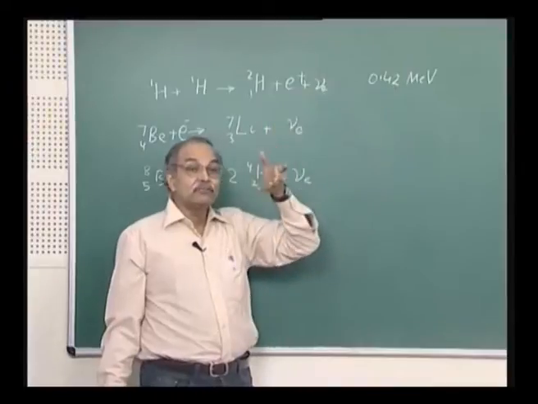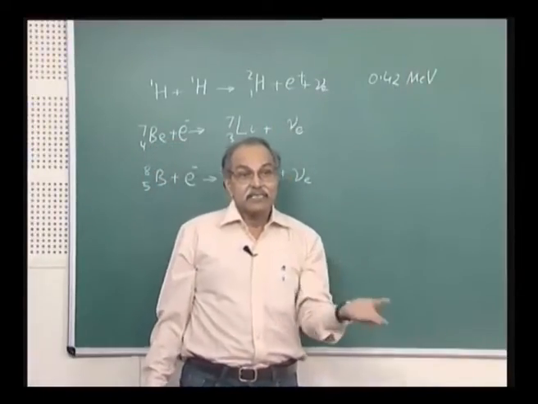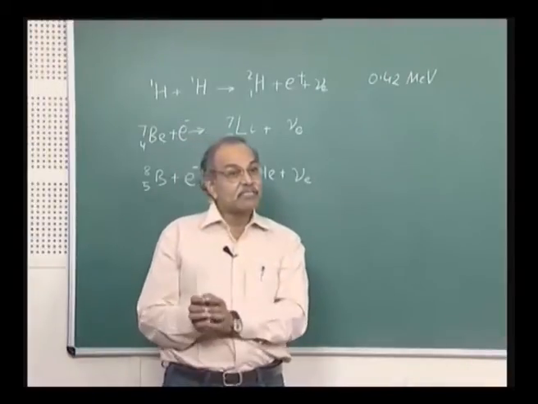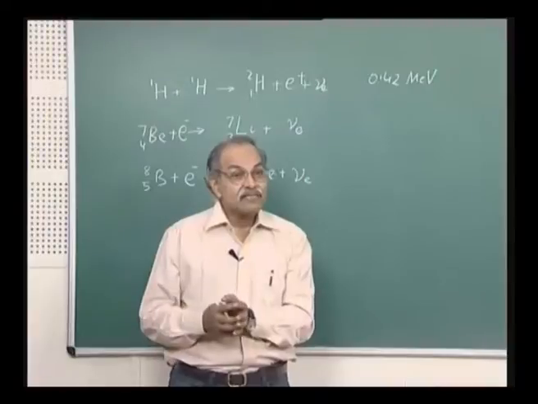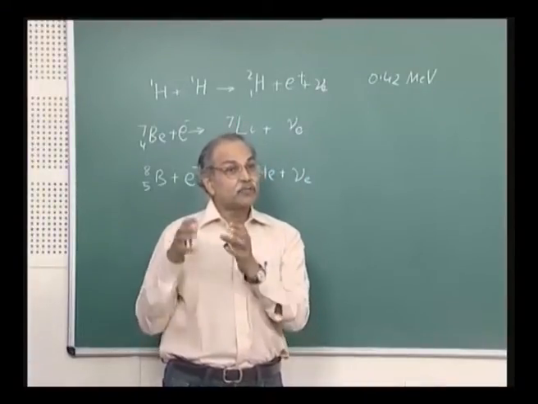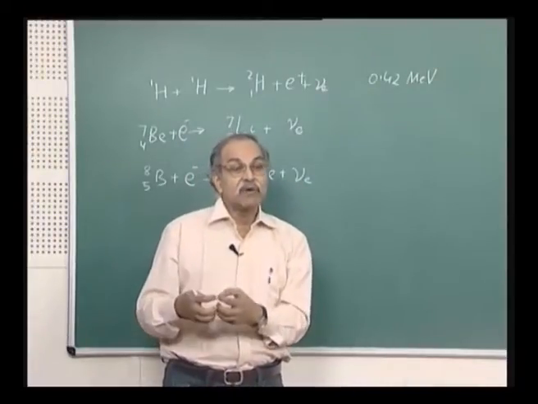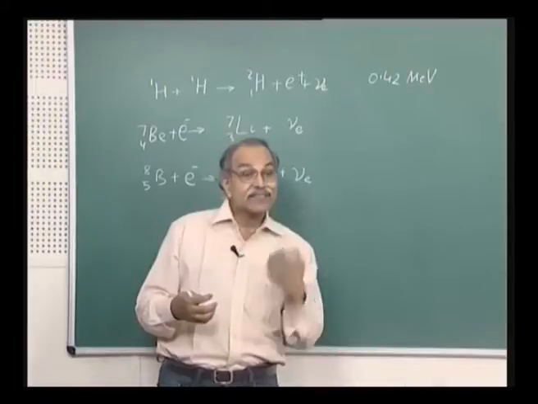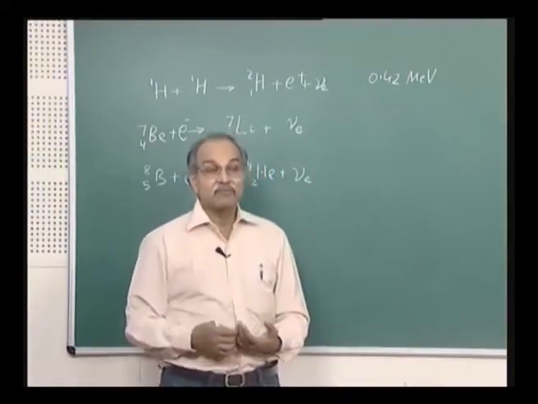That is how the whole concept of the neutrino was started. In beta decays, those beta particles had a continuous spectrum of energy, and people were not able to understand how, since the Q value can be calculated accurately, these beta particles have energy less than the Q value, and that too varying from 0 to the maximum of the Q value.